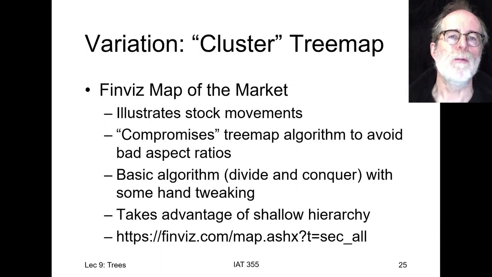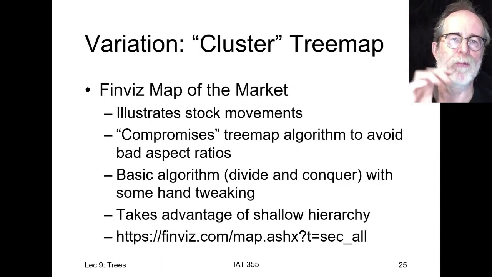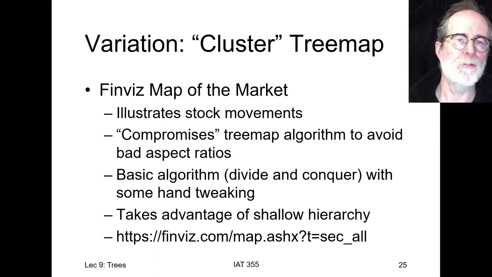So the cluster tree map, or the variations on the squarified tree maps that I'm about to show you, are behind the scenes running an algorithm that allocates space, starting from the biggest things going down to the smallest things.